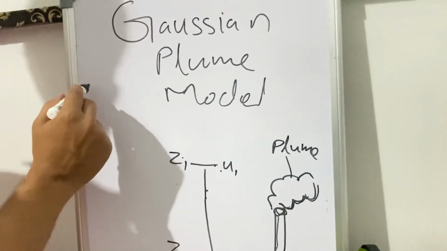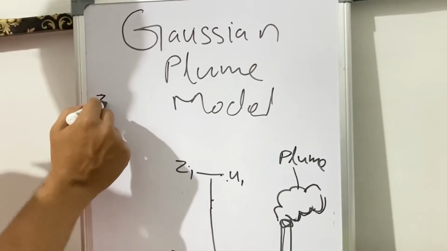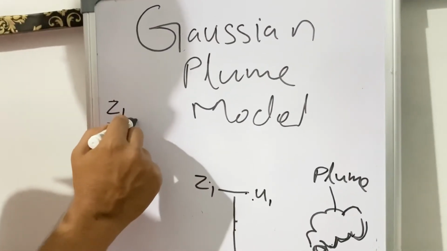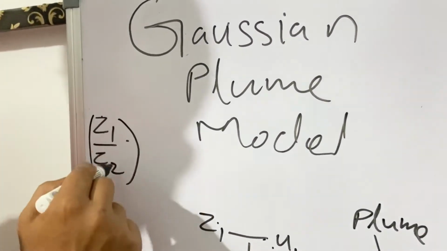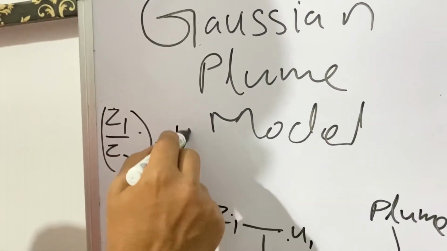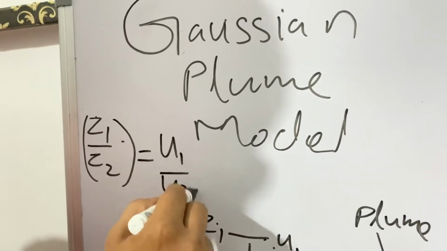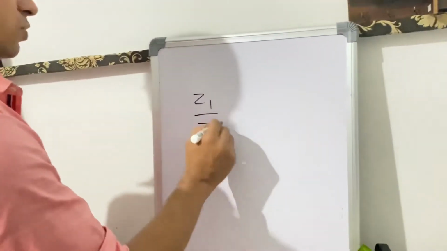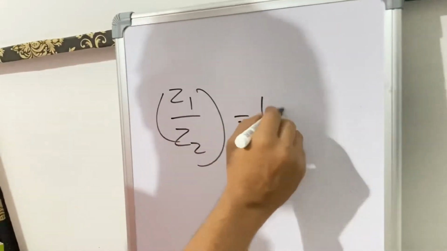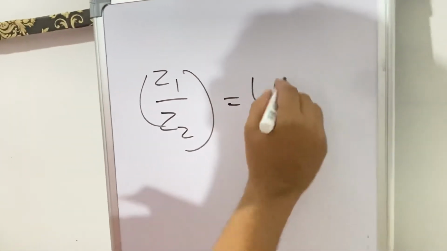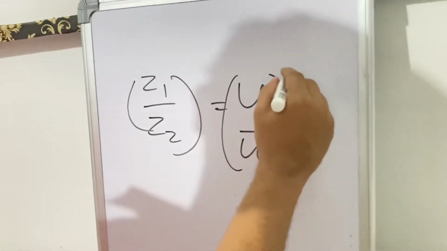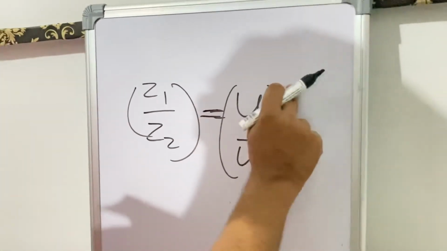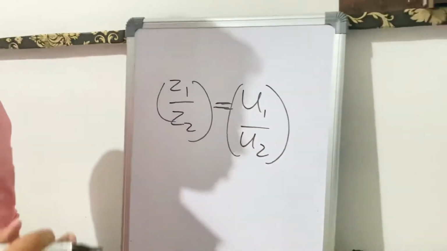So Z1 by Z2 equal to U1 by U2. So Z1 by Z2 is equal to U1 by U2. So this is the equation that we assume in the Gaussian plume model.